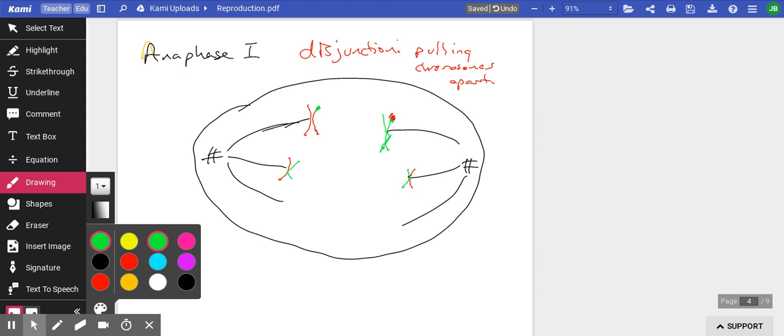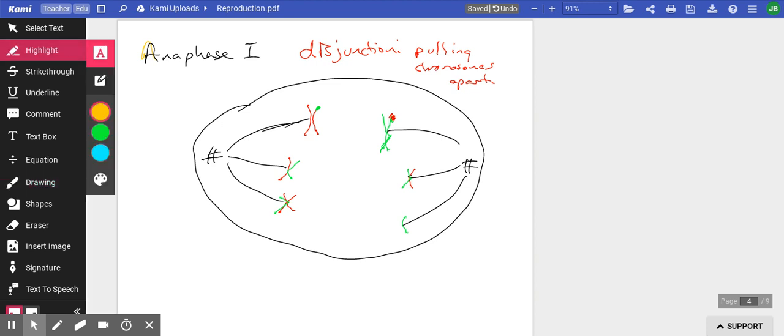And in number 3, we're going to demonstrate a process that happens rarely. I think maybe 1 in 700 times this would happen. And this is called non-disjunction. In non-disjunction, one of the chromosomes gets stuck, so we wind up with only 1 chromatid going to one side, and the 3 chromatids go to the other side.